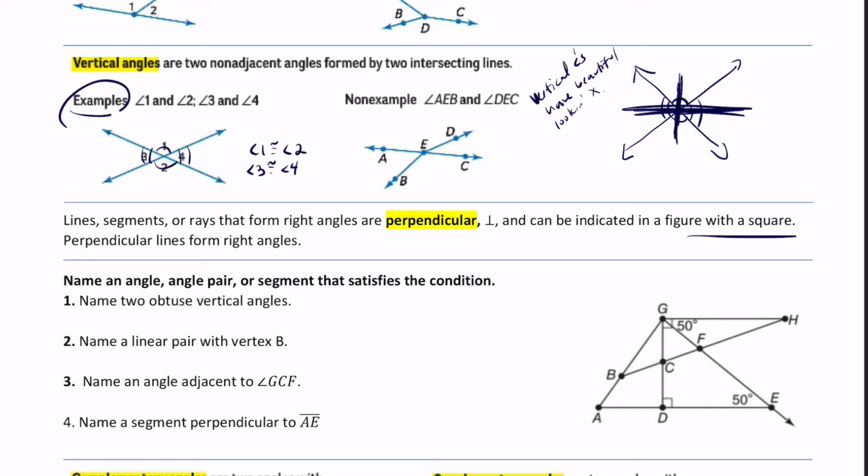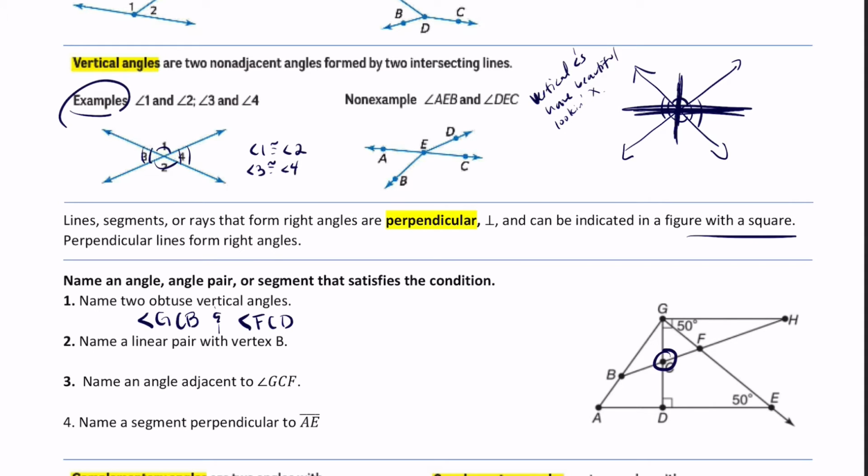So we're going to say angle G, C, B, and angle F, C, D. Now notice that C is in the middle when you're writing these two names, because that is the vertex, right?